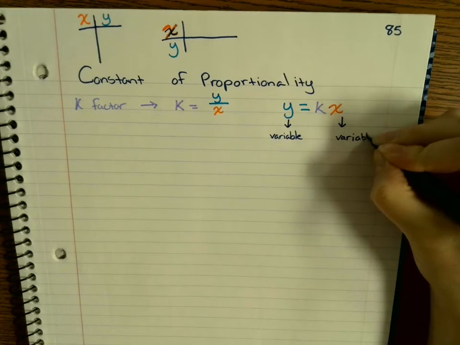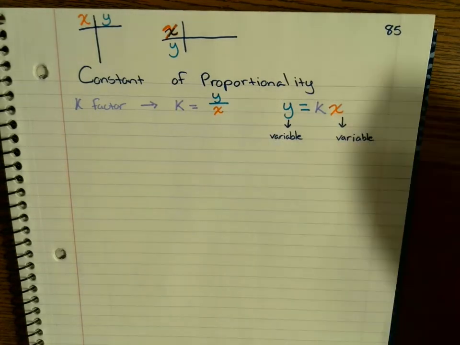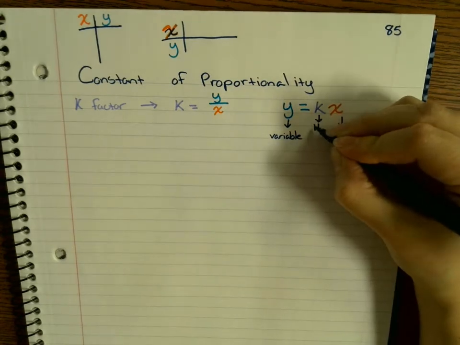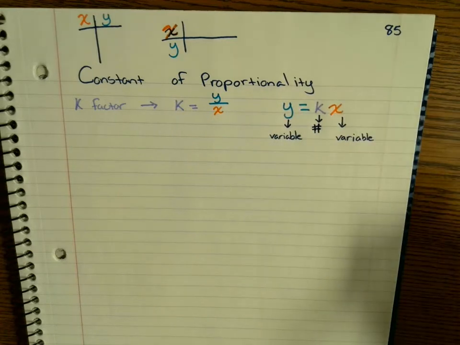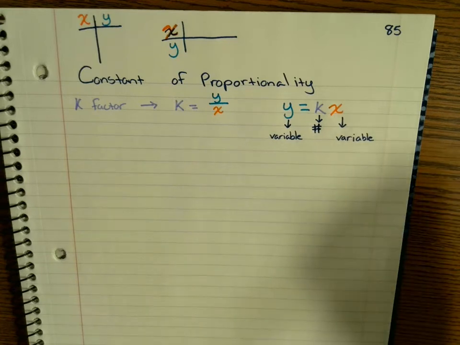They won't actually be any kind of number. The only one that's actually a number is going to be the k. K will be a physical number. So it might be something like y equals 7x, y equals 2.5x, y equals -4/3 x.